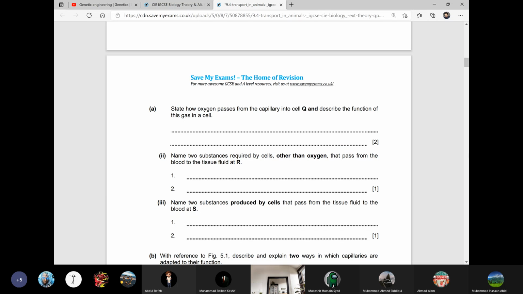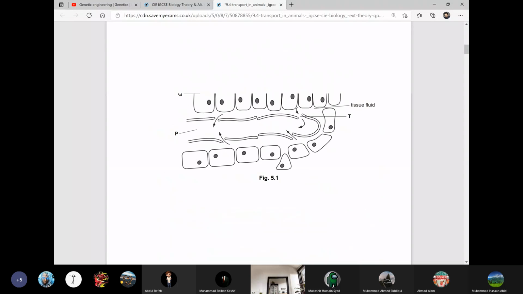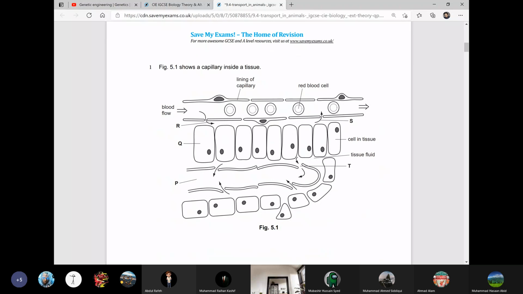It is a very easy question. The red blood cells carry the oxygen. No, the question is how the oxygen is transferred from the blood into Q. Diffusion. Very good answer.